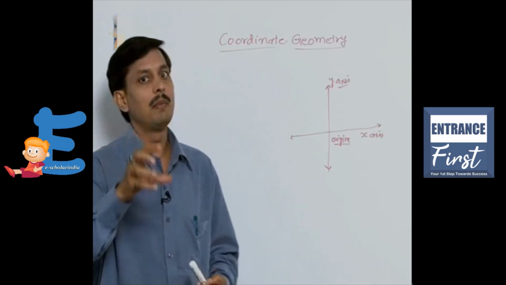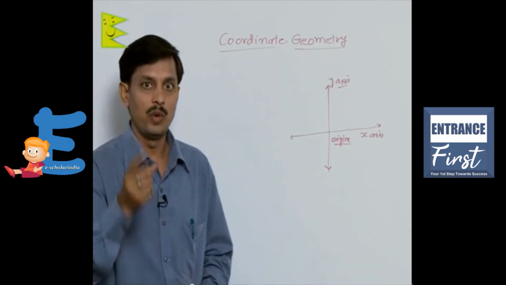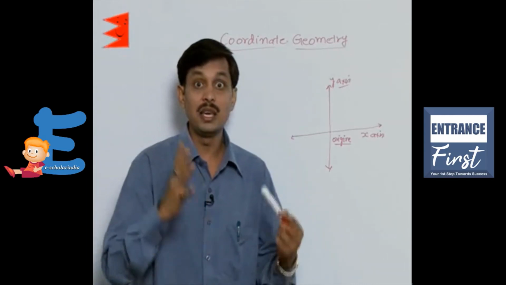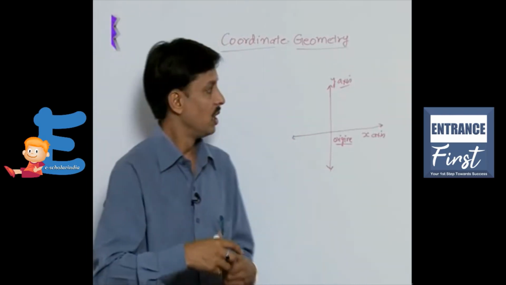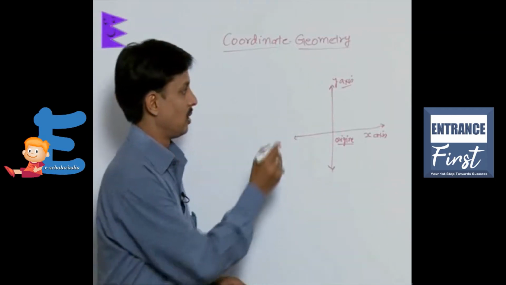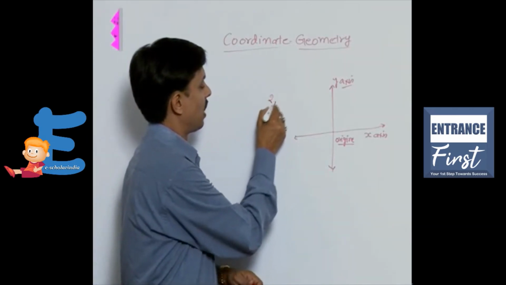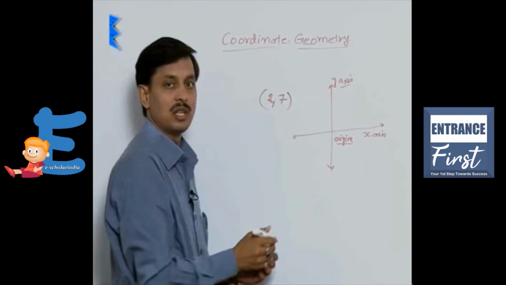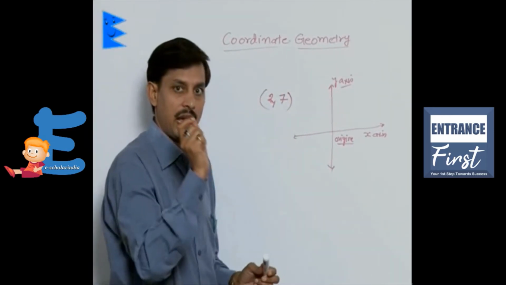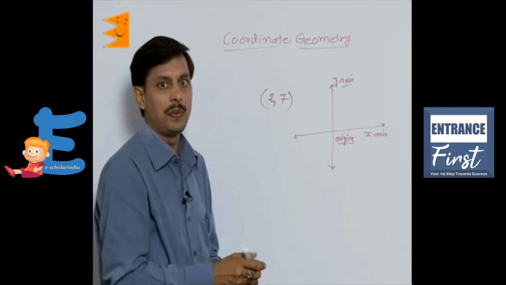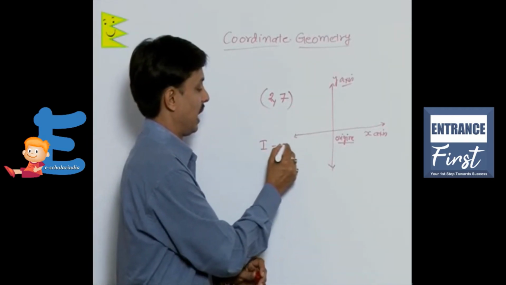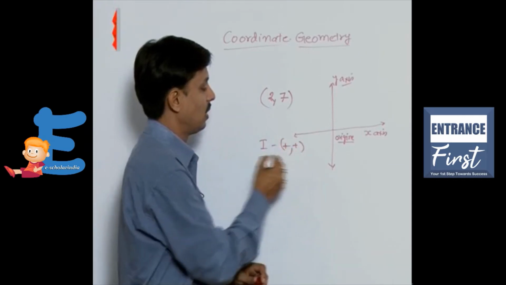Before that, I am asking you a few questions where you will answer in which quadrant these points are lying. Suppose I say the point is 2, 7. Point 2, 7 lies in which quadrant? As I have specified, for the first quadrant, x and y both are positive.